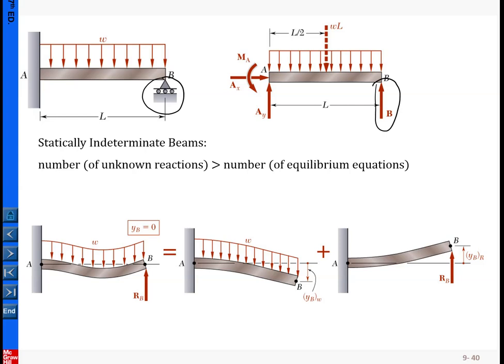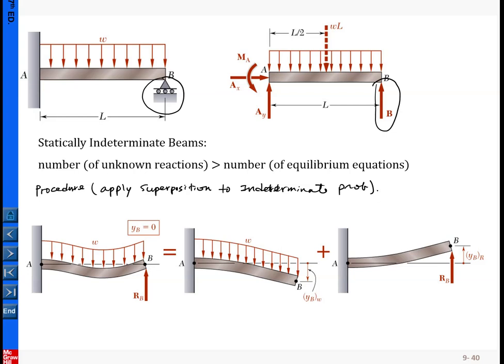We pick this support and replace the support. So here I'm talking about the procedures of applying the superposition principle to an indeterminate problem.